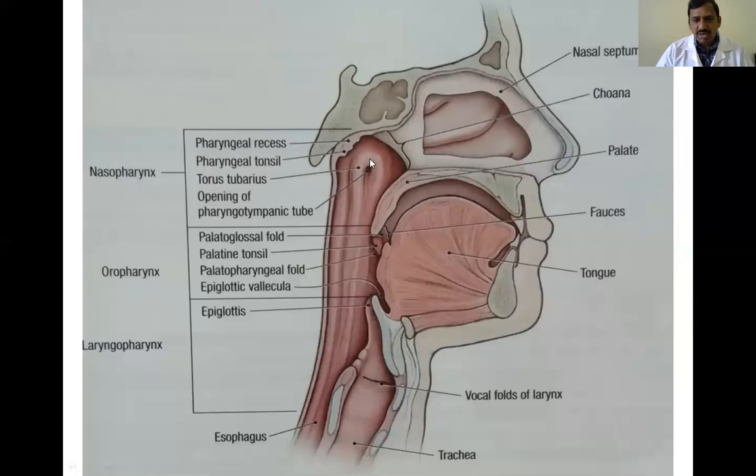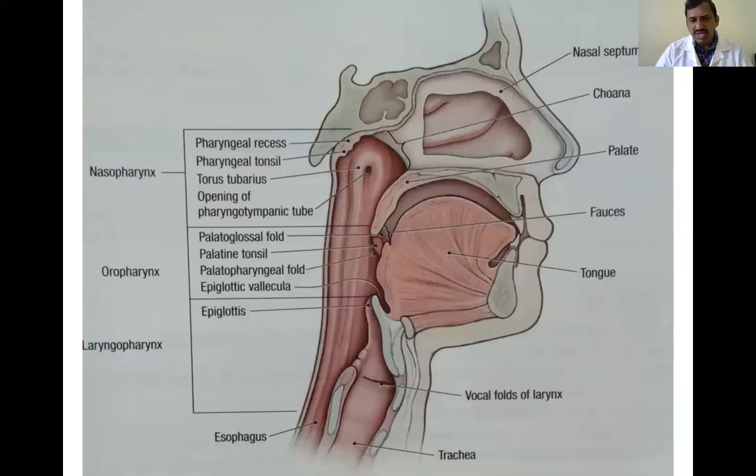Next, coming to this nasal part, it is lined by mucous membrane. The nasal cavity in total, and the upper part of the soft palate and hard palate, all these structures are lined by pseudostratified ciliated columnar epithelium. If you take the lower part of the hard palate, the inferior surface of the soft palate, and the remaining parts of the oral cavity, these are structures exposed to wear and tear.